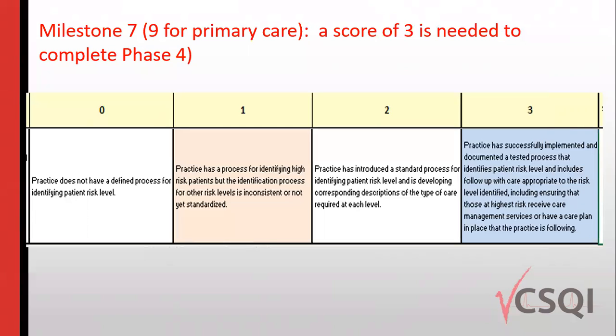A score of 2, the practice has introduced a standard process and is developing corresponding descriptions of the type of care required at each level. As I'm sure you've begun to get familiar with, the scoring improves as you've identified, implemented, and consistently use and document the activity described by the milestone.